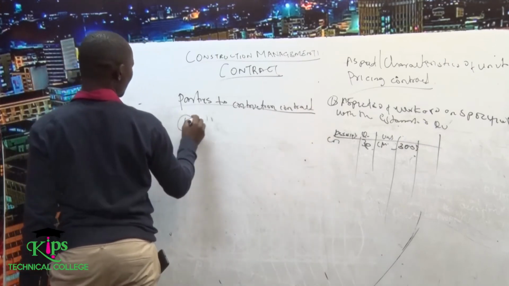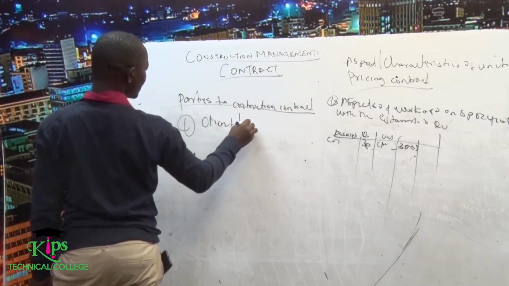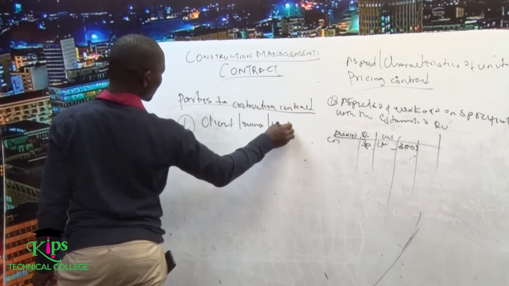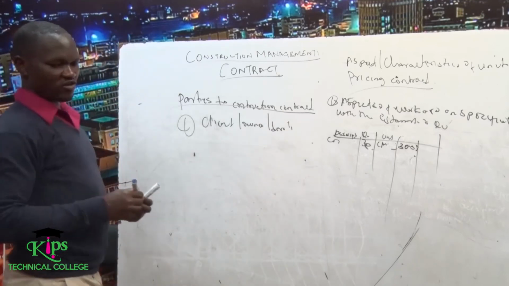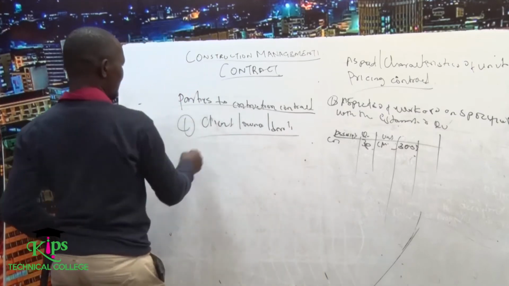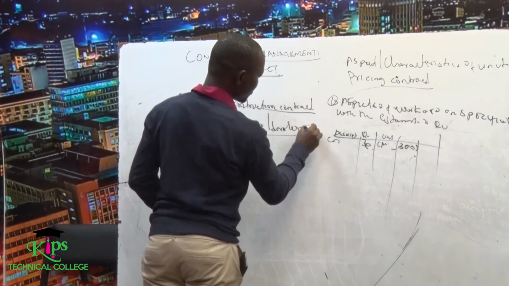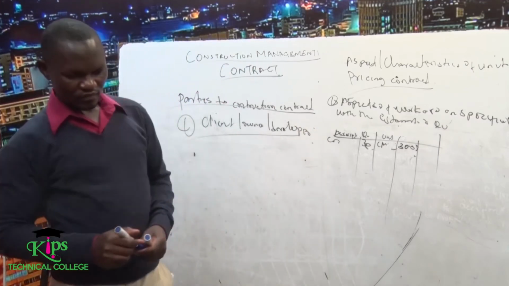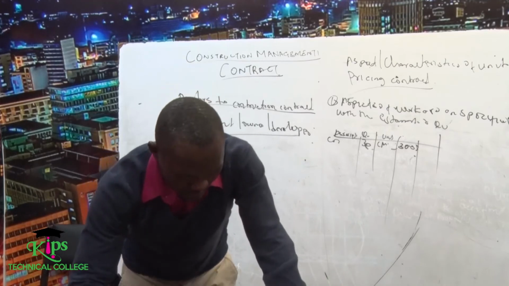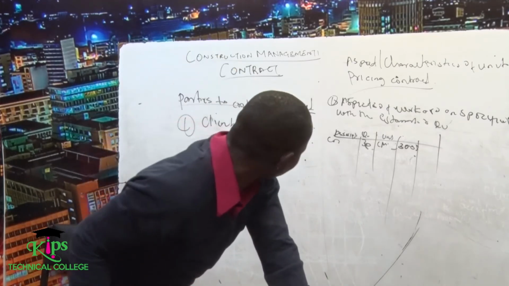The first basic one is the client, or the owner, or the developer. You can say the client, the owner, or the developer, or the employer.